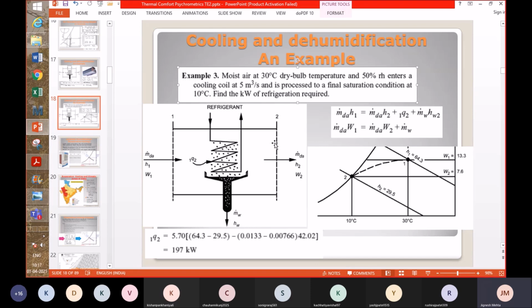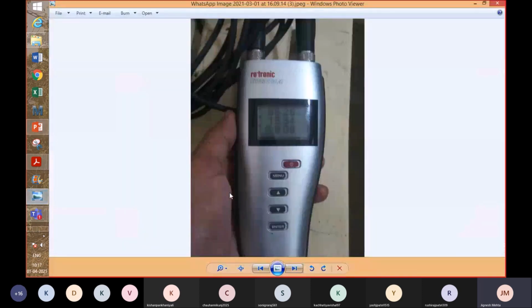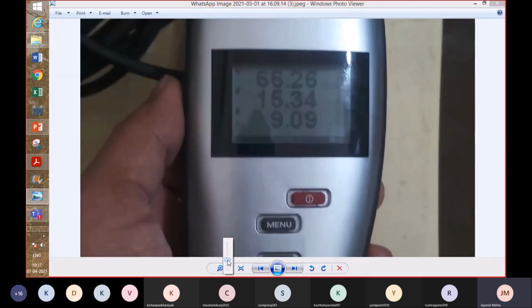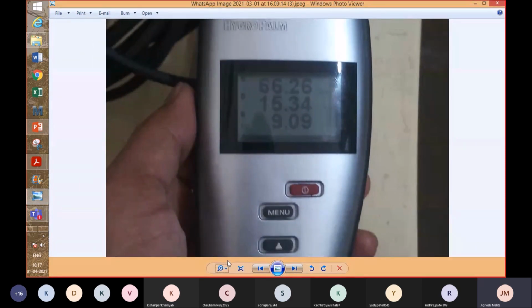Now here it seems that it has been assumed that the effectiveness of this coil is 100%. So the apparatus dew point, or the surface temperature of this coil, may be 10 degrees Celsius, and the air is coming out at the same temperature, saturated. In the reading you had relative humidity 66%, which is higher, but it's not 100%.